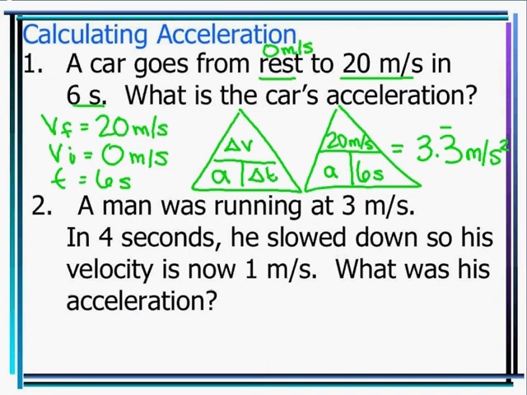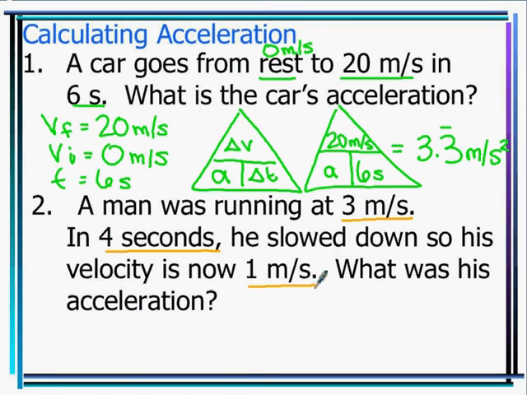A man was running at 3 meters per second. So it says he was running at 3 meters per second. So that's one of my velocities. I'm not sure which yet though. In 4 seconds. It's probably my time. He slowed down, so his velocity is now 1 meter per second. Okay, so I have to think which one is my velocity final and which one is my velocity initial.